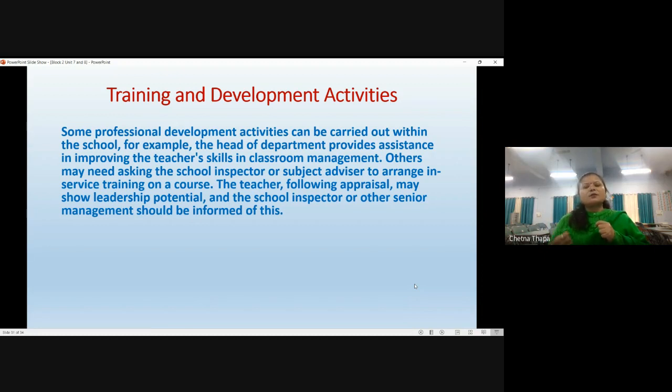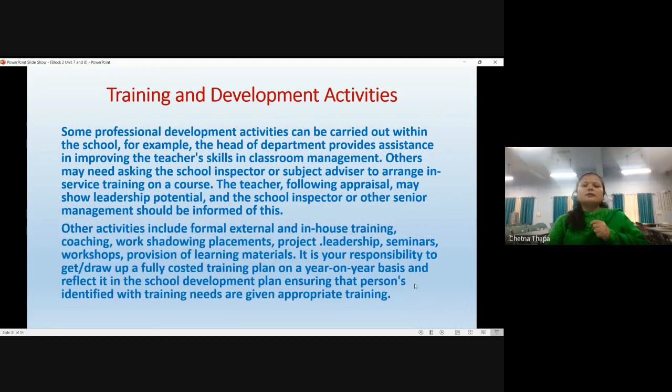They should be informed about it after following the appraisal and after the training and developmental activities. Other activities might be formal, external, and in-house training, such as coaching, work shadowing, placements, projects, leadership, seminars, workshops, and provision of learning materials. So it's your responsibility.